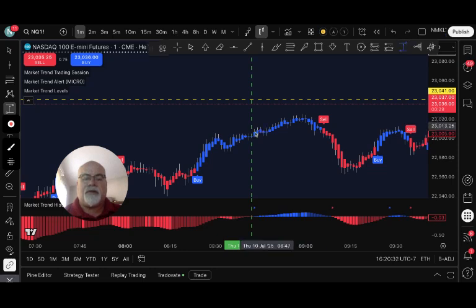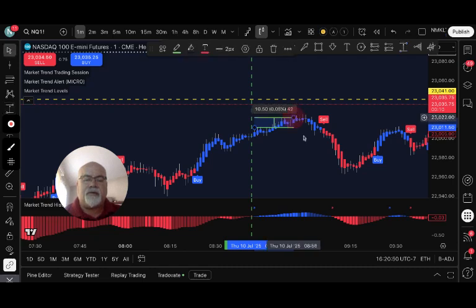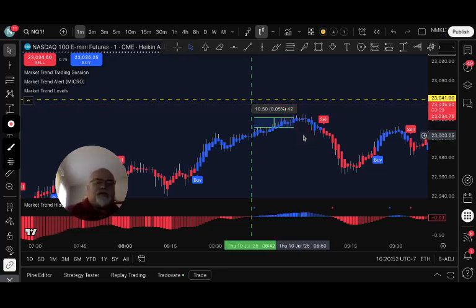It meets the criteria. Now I'm just simply going to put in the buy stop, and I'm going to run over here about 40 ticks and show you where you would have been out of the trade, right in there somewhere. Okay, so you can see that this qualified for 40 ticks.